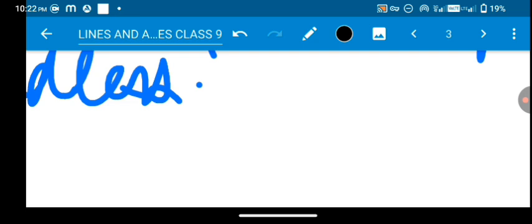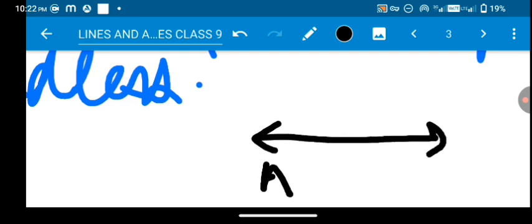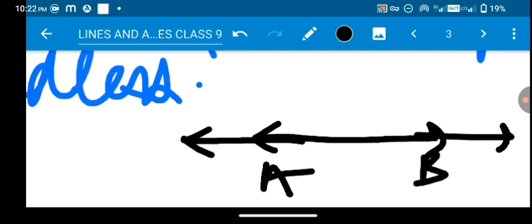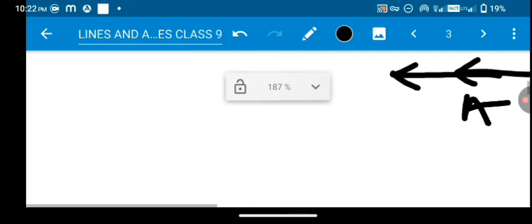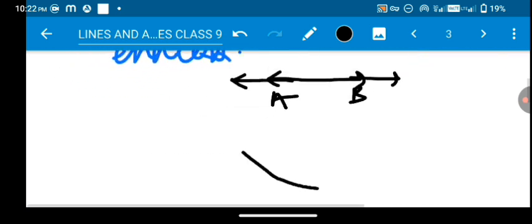Suppose I have made the line AB. It is endless. It can be extended in both the directions.